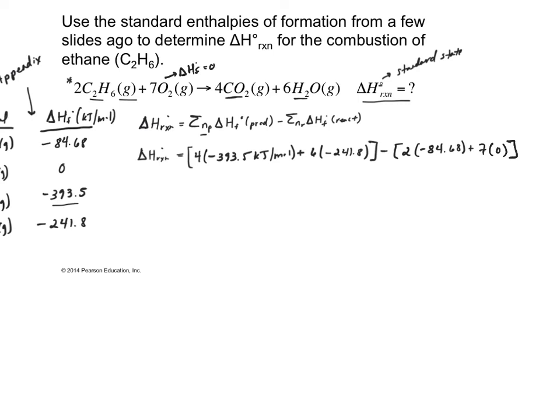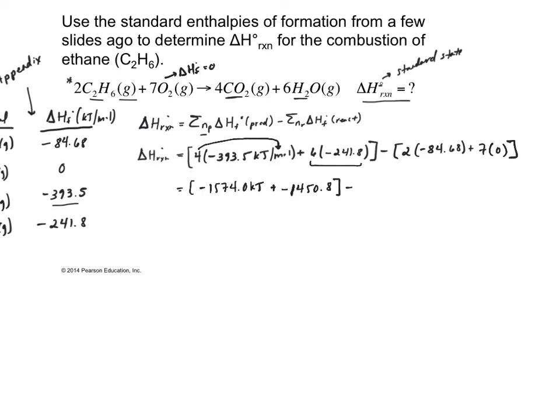Okay, so then after that, it's just keeping track of addition, subtraction, multiplication, making sure that you're not forgetting your signs. So this ends up being minus 1574 point nothing, so kilojoules. Note that when we multiply our stoichiometric coefficients in, it's going to cancel the moles. So long-term our units is going to be in kilojoules. Plus this one, which is minus 1450.8. So those are my products.